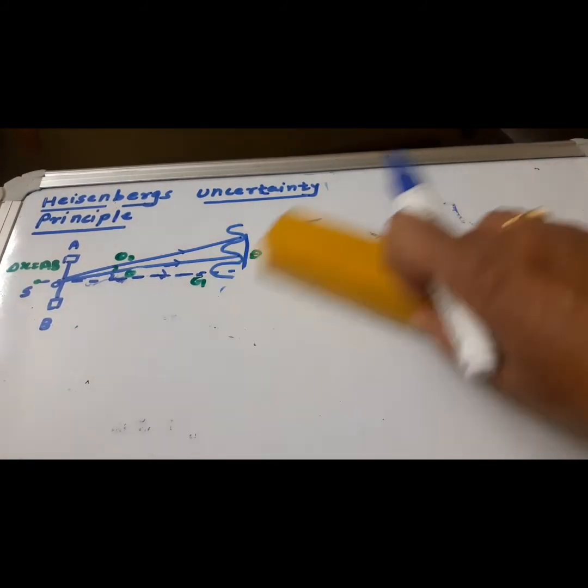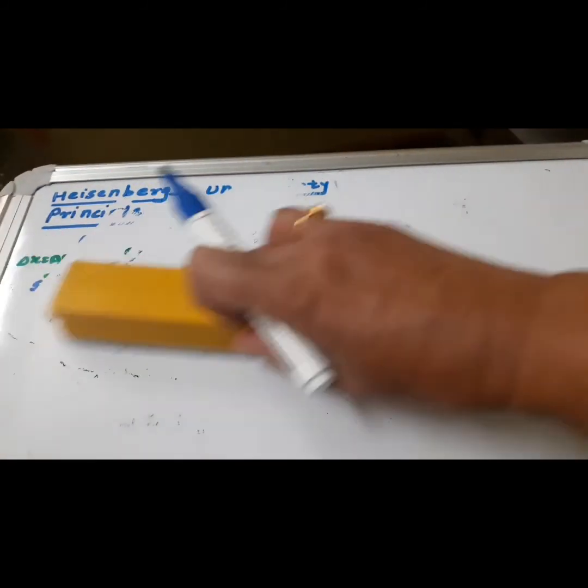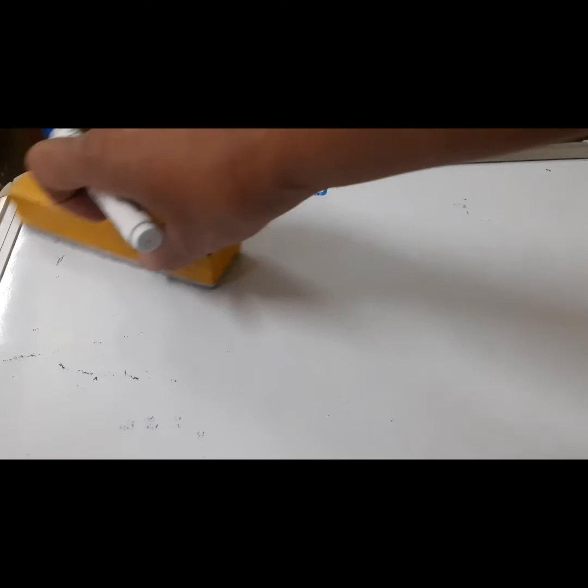Now we will see the next, uncertainty in time and energy. Consider the electron of mass m moving with the velocity v.